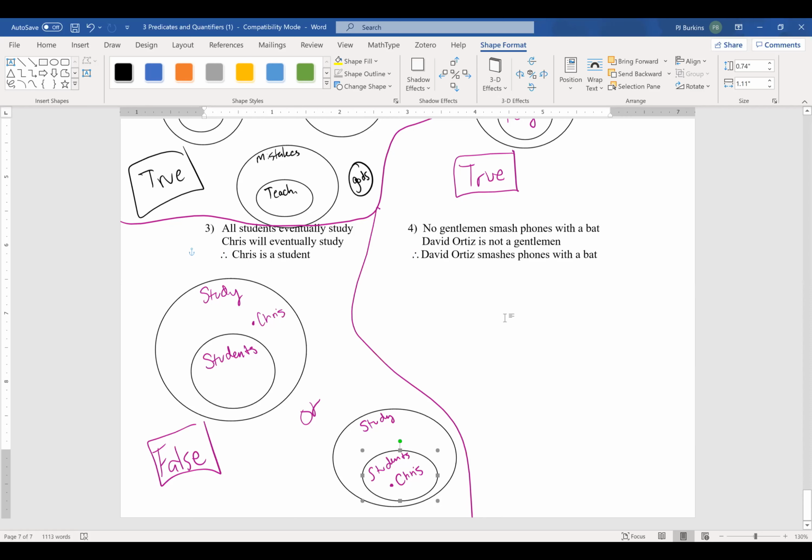It says, no gentlemen smash phones with a bat. So that means we've got a category of gentlemen, which I will abbreviate as gents. And we've got another category that does not fall within that one. It has to be outside. And I'm going to abbreviate smash phones with a bat as SPWB.